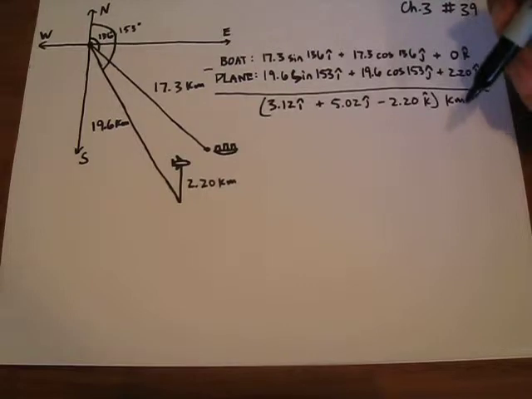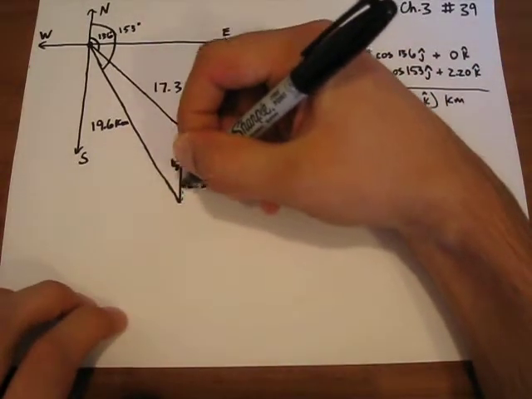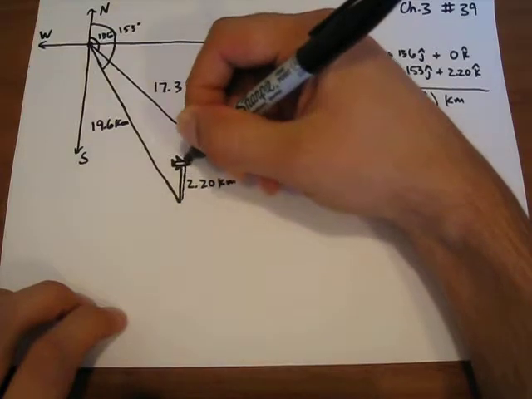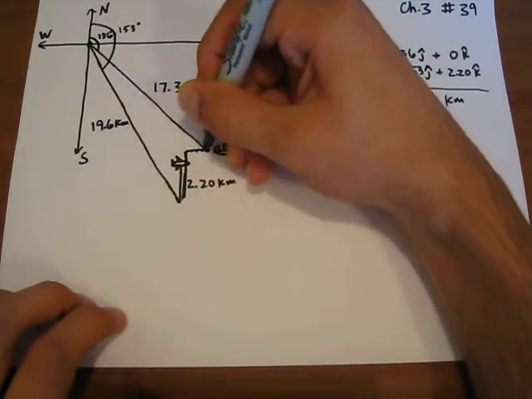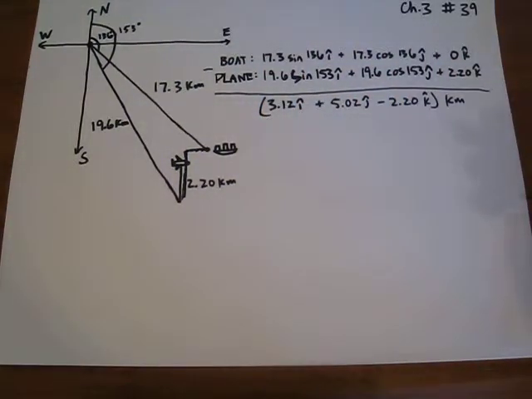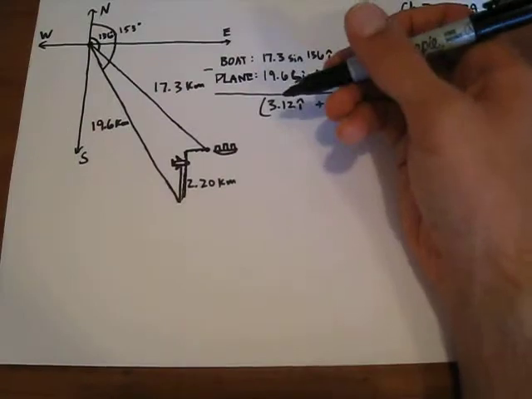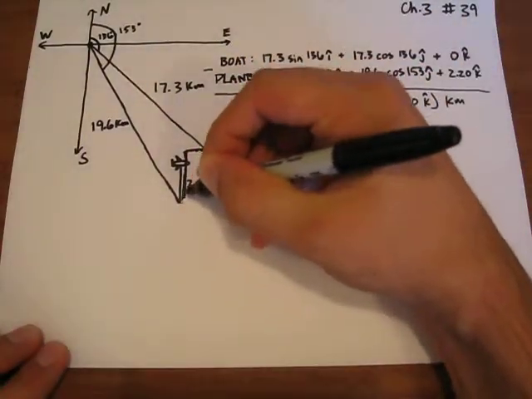And if you draw in your j-hat and then your i-hat going across, it gives you the horizontal distance from the plane to the boat, not including the 2.2 kilometers up. It's just the horizontal.